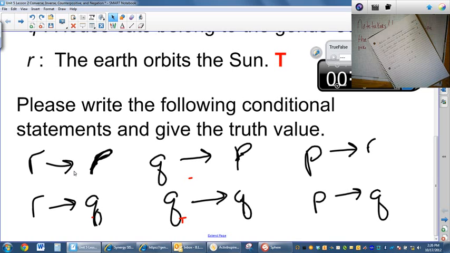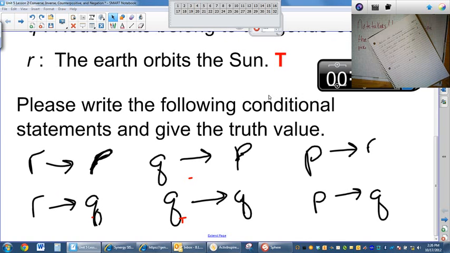All right. So if R, then P. Go ahead and turn the clickers on. If R, then P, is that true or false? It might be helpful to set up your little truth table and see what's going on.